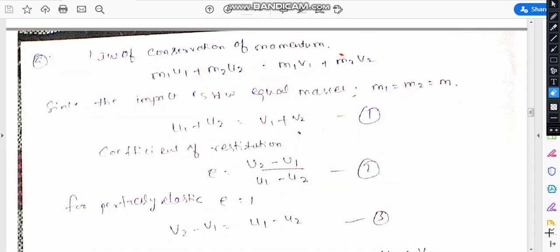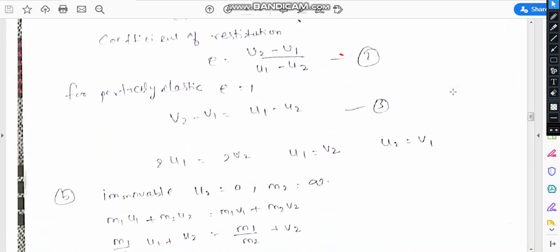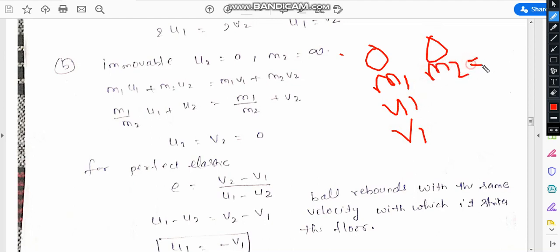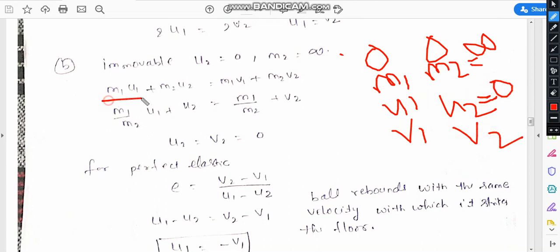In the next question, a body strikes an immobile body. Here one body has m1, u1 and v1, and immovable means m2 is equal to infinite, because m2 is the larger mass, and its u2 is 0 and v2 is 0.